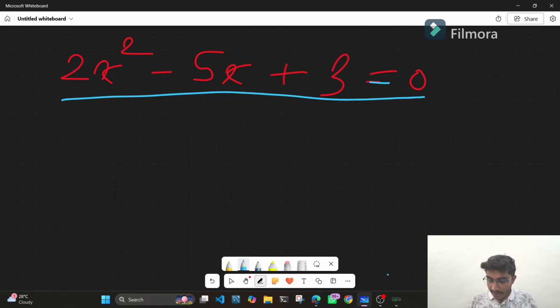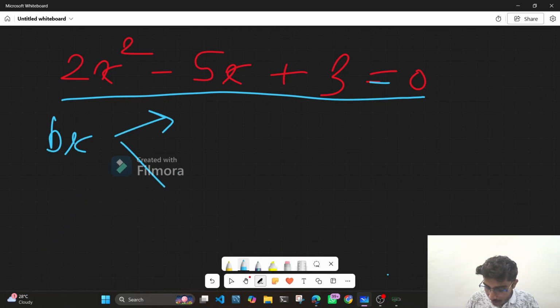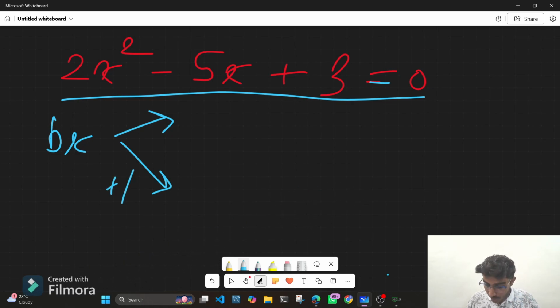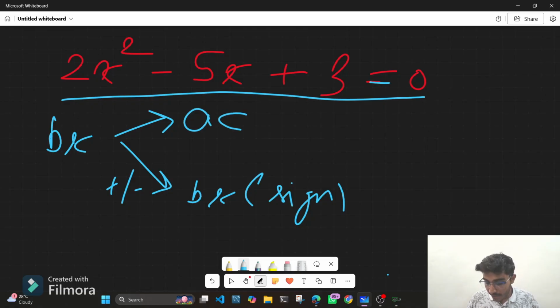The method of factorization is where we need to split the middle term. It is also known as the splitting the middle term method. So we need to split the middle term, let's say we have the term bx, such that its addition or subtraction is equal to bx only, including the sign, and its product is equal to the product of a and c.